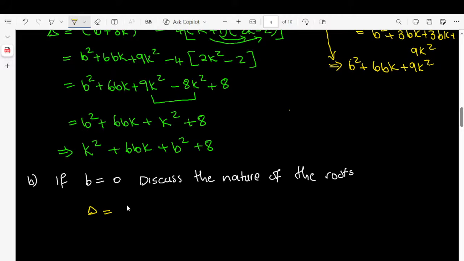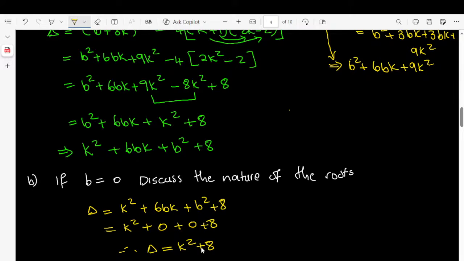So this will be K squared plus 6BK plus B squared plus 8. Where there's B, we substitute 0. This K squared stays, the other terms give us 0, plus 8. So if B is 0, the discriminant is just K squared plus 8.